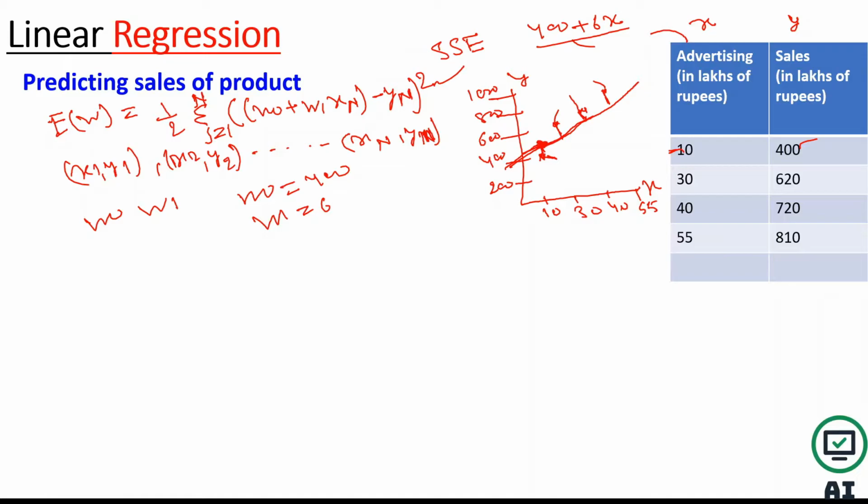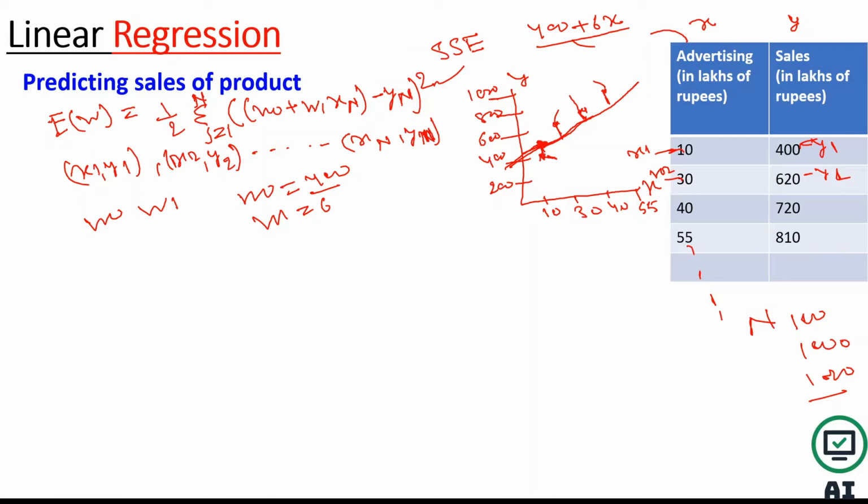If anybody asks what is the error given by this particular line, then in place of W0 I can put 400, and in place of W1 I can put 6. All the training points, x1, y1, x2, y2, similarly we have n data points that could be 100, 1000, 10,000, anything. All are known to us. So this expression I can calculate.